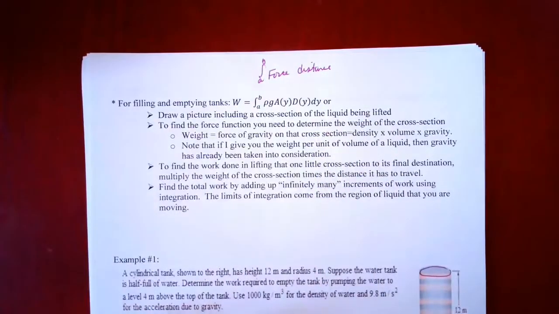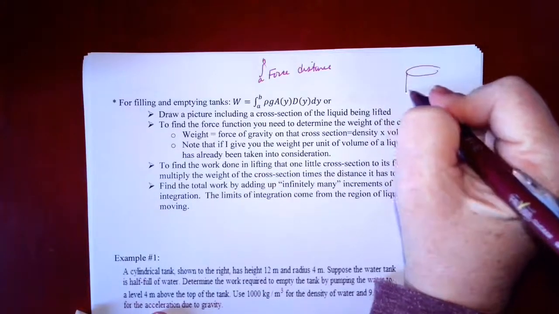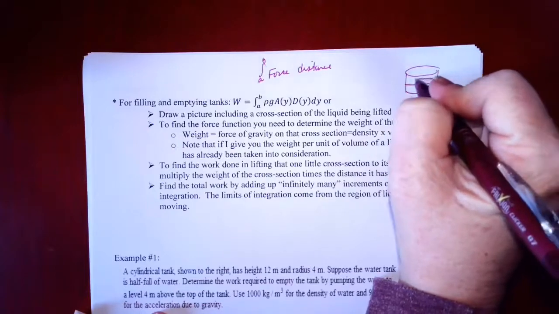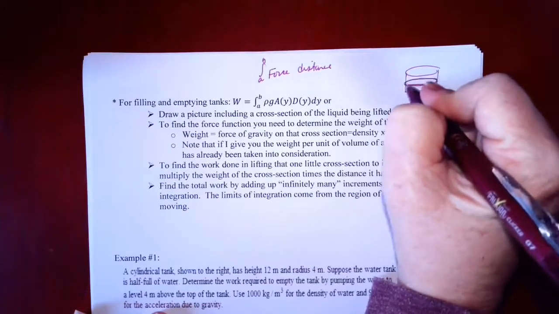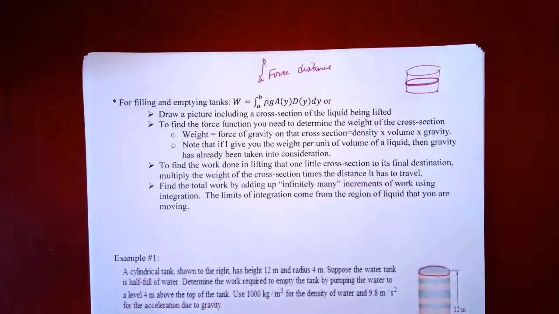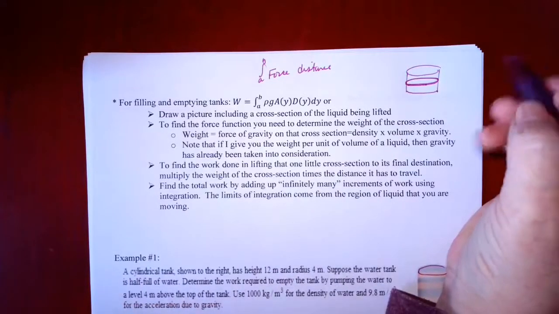If you look, say, at a cylindrical tank, and I look at a little cross section of water in that cylinder, what shape would it be? It would be a circle. So, a somewhat simplified statement here, but it's true.